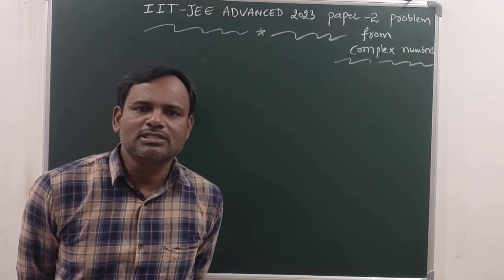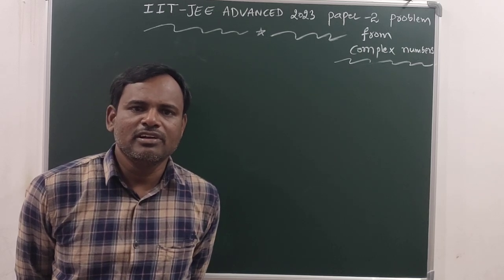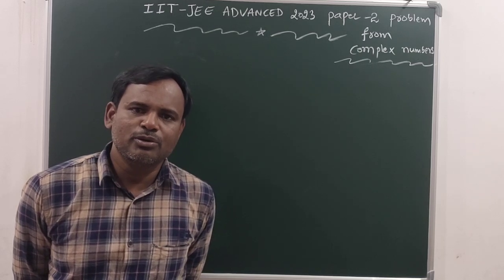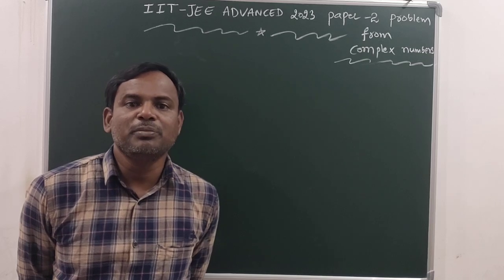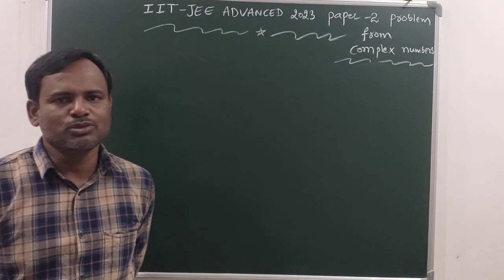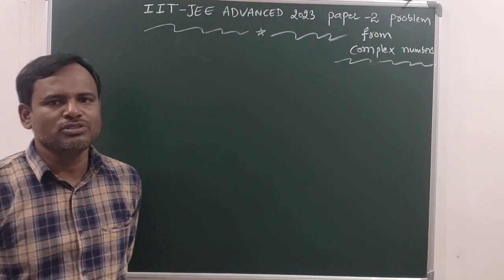Then what is the maximum value of PA1 into PA2 into PA3 and so on to PA8? This is the question. Now let us see the solution for that question.